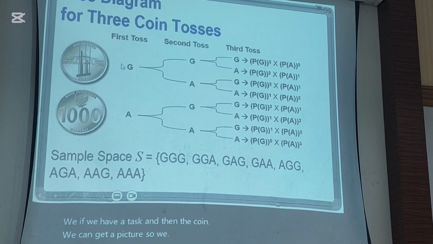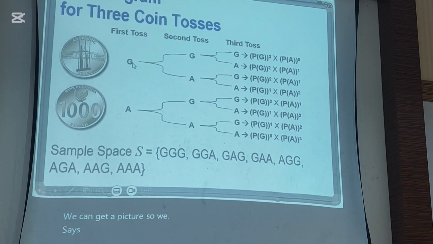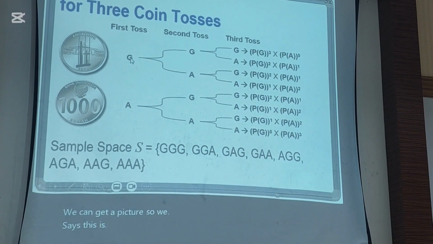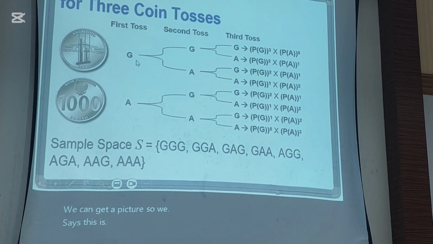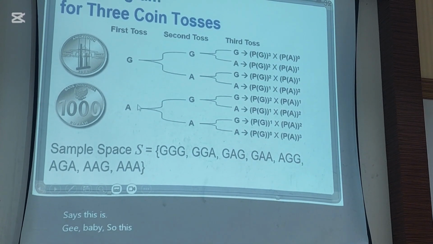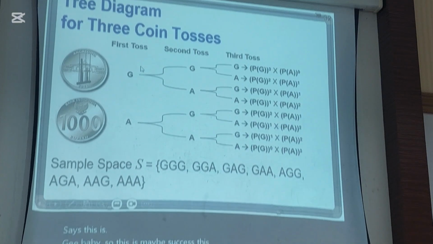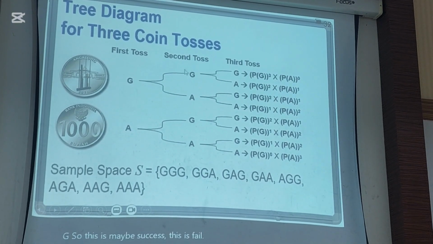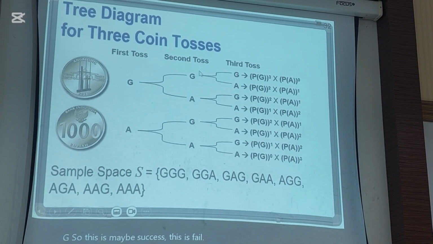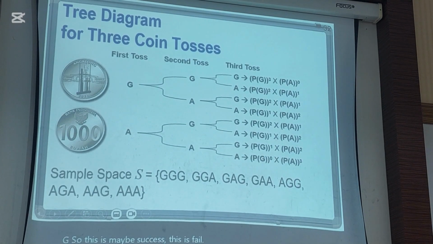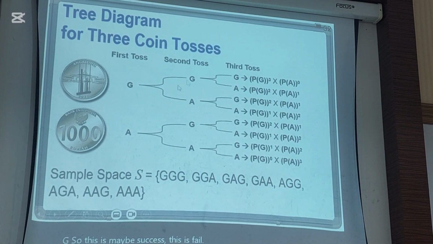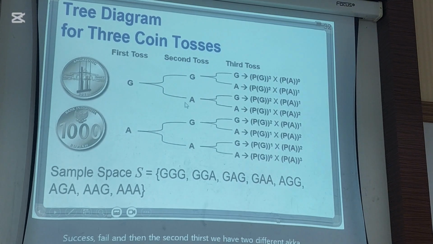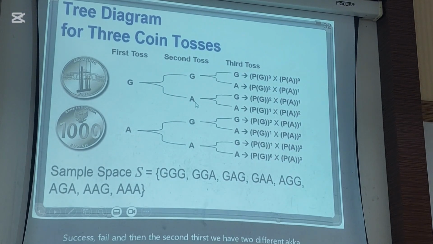So we say this is maybe success, this is fail. Success, fail. And then the second toss we have 2 different outcomes, success or fail. You understand what I mean?